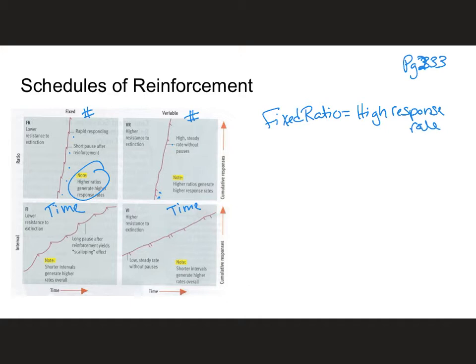So the pigeons just keep going until they get the reward. Whereas with fixed, they would pause after each reward because they knew another one was coming. So what we find with variable ratio is that you also get a high response rate.